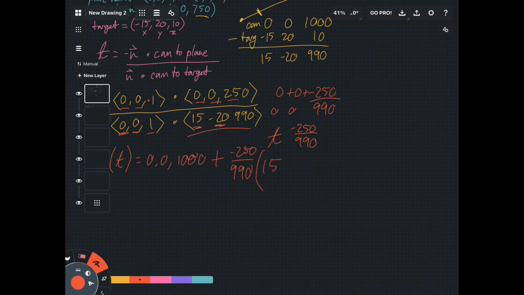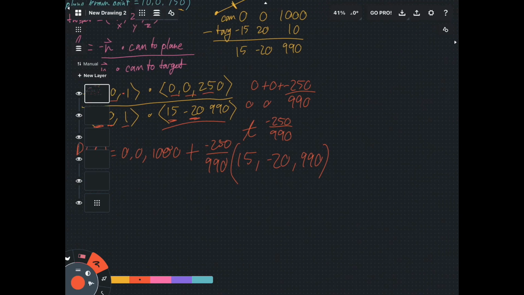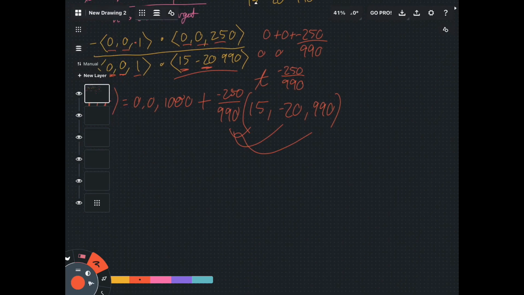So 15, minus 20, 990. So this is a scalar multiple, and this will just multiply against each one of these. So 15 times minus 250 divided by 990 is going to give us negative 3.787878, and so on and so forth.